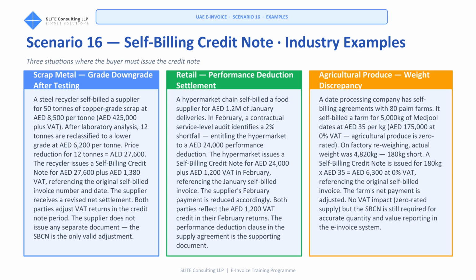Third, agricultural produce. A date processor self-billed a palm farm for 5,000 kilos of medjool dates at 35 dirhams per kilo, 0 rated. Factory reweighing shows 4,820 kilos, a 180 kilo shortfall. SBCN issued for 6,300 dirhams at 0% VAT. Still required for accurate quantity reporting, despite no VAT impact.